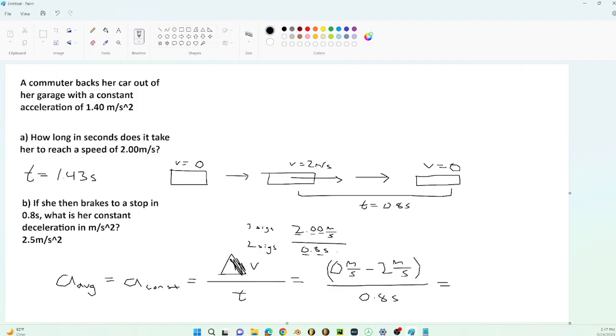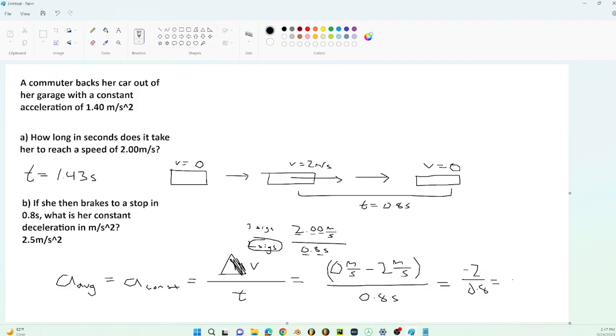So we take the one with the least significant figures, and that will be the amount of significant figures our answer will have. So our answer will need to have 2 significant figures. So we have -2 divided by 0.8.